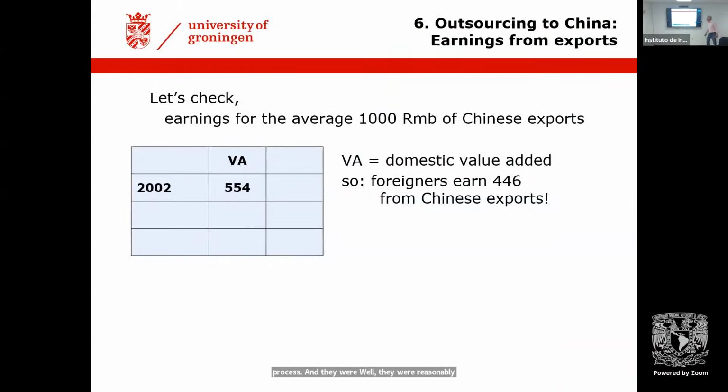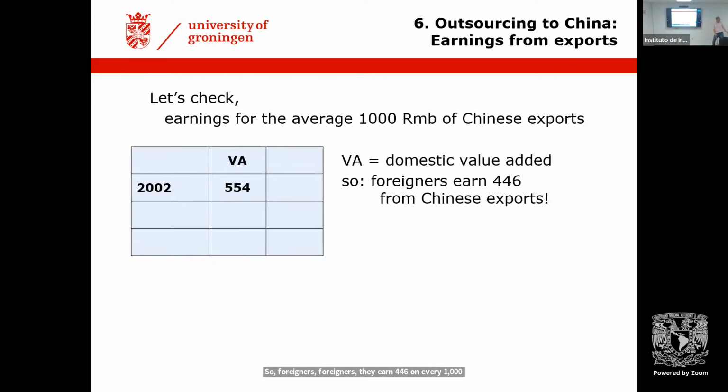So this is the domestic value added that is in the exports. It's the counterpart of the imports that go into the export. So foreigners earn 446 on every 1,000 renminbi of Chinese exports.